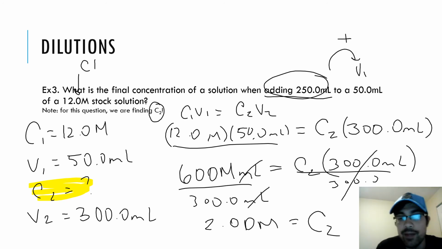That means the concentration of the solution after we dilute it by adding in 250 milliliters of water is now a 2 molar solution. It doesn't actually matter what the solution is in this case. Could we ask questions later about calculating the moles? Sure, of course. But in this case, we don't need to. We got the final concentration. It's 2 molar. Great. Done.